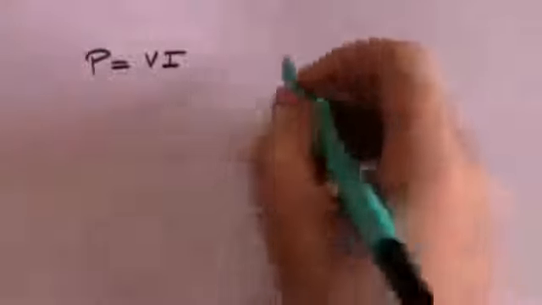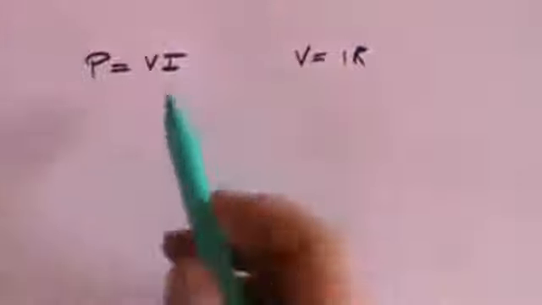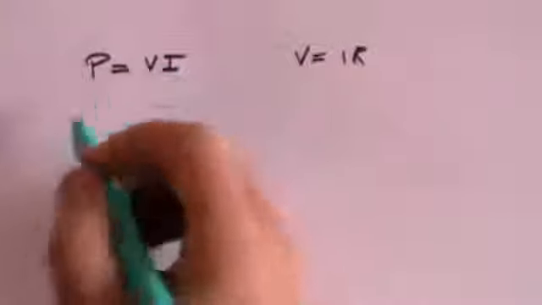Now we're going to look at the power in an AC circuit. And you'll remember that from DC, power is equal to voltage times current. And since Ohm's law says that V equals IR, we can, if we want, substitute for either V or I in this formula.